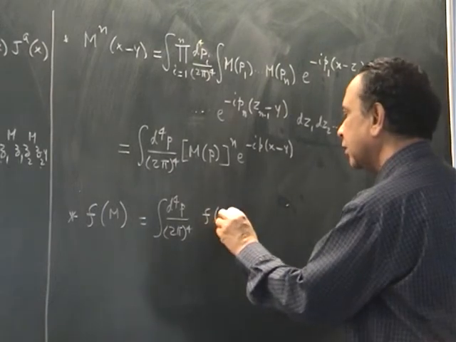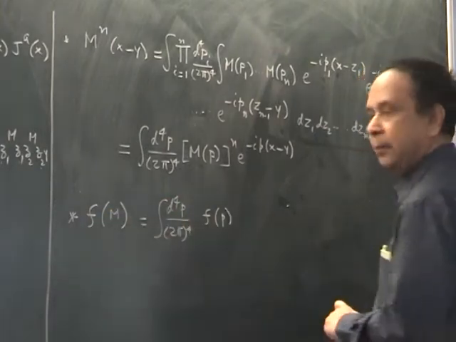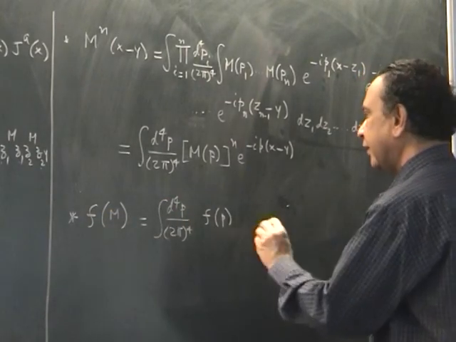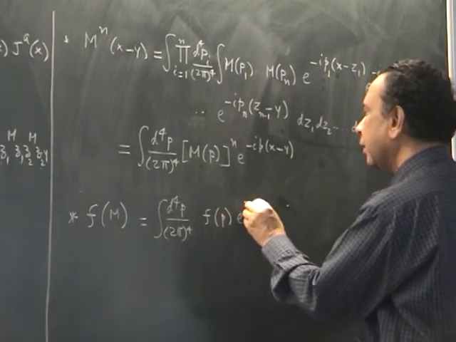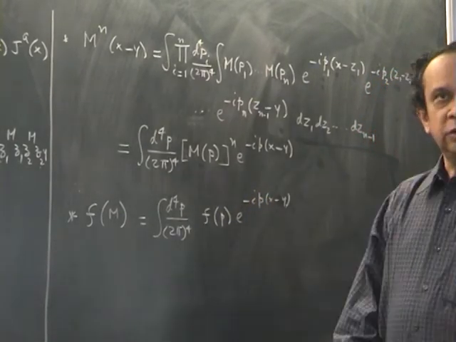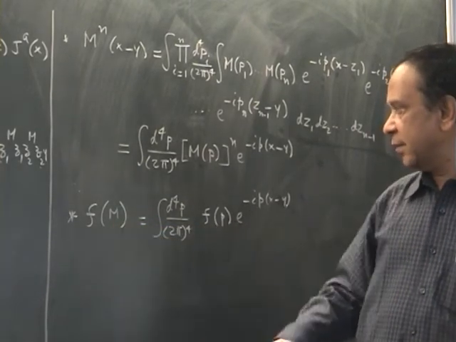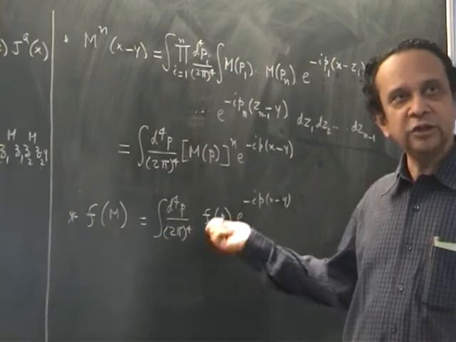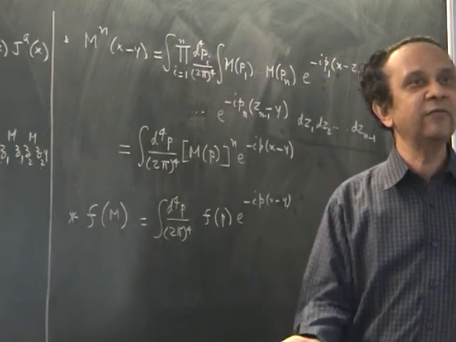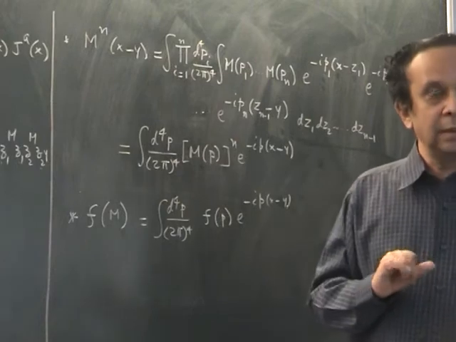Okay, so I'll just call it f of p, because this is m to the power n, so this is some arbitrary f, so this is f(p) e^{-ip(x−y)}. So whenever you have some kind of a matrix representation and if you want to get it in x minus y, if it is a function, you just go to the Fourier space and take that function. Okay, so that is what it means.